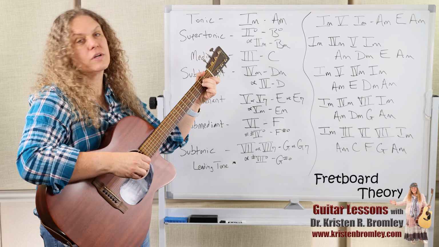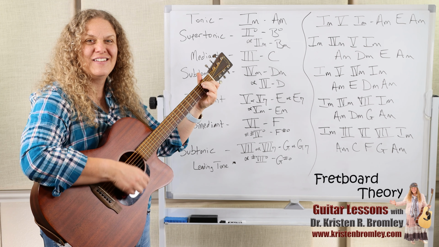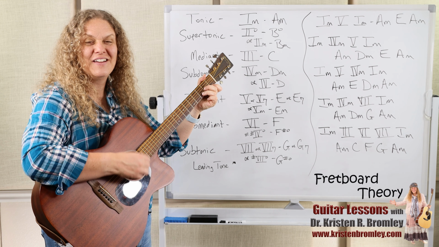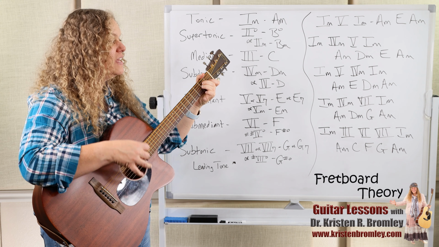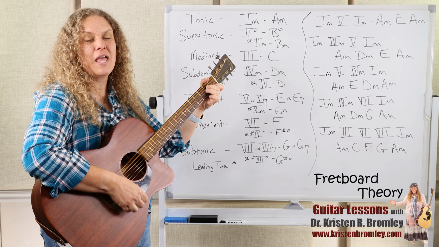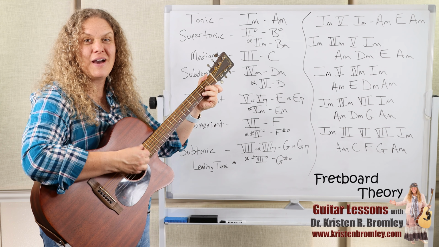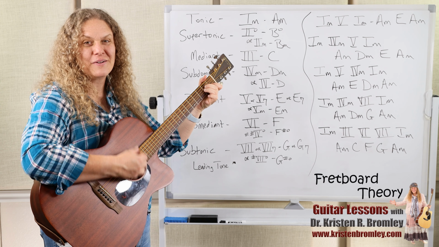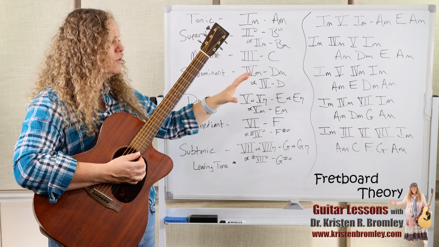Of course, that 5 chord could be E7, so A minor, E7, D minor, back to A minor. And we could even use the E minor, so A minor to E minor to D minor, back to A minor. Kinda cool. So typical things.